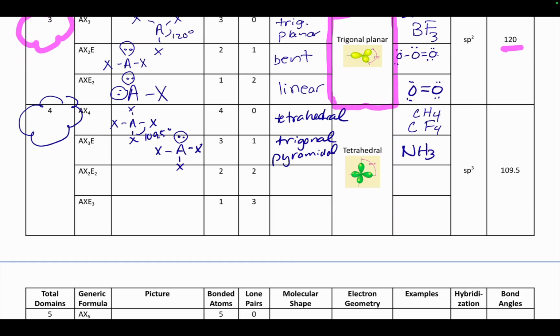And then it's also possible, again, we have 4 total domains, to have 2 bonds and 2 lone pairs. And this is going to be a bent, or the book calls it a V shape. Water is a classic example of this.